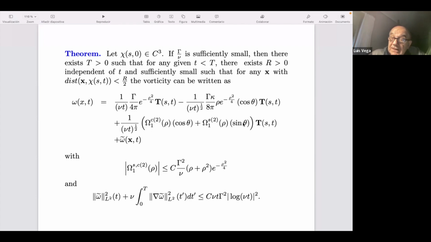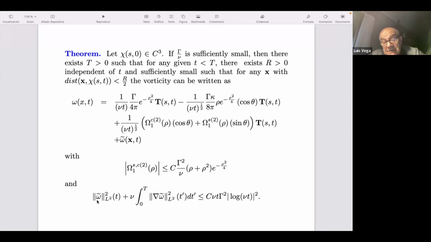And it involves the 2 directions, but still points in the, so this is the amplitude, so this is a scalar, but the direction of the vorticity still is the tangent of the curve at x at rho equals 0. So as I said, this is gamma squared, and of course here I am using that gamma is small because I have to say that this is small with respect to this.